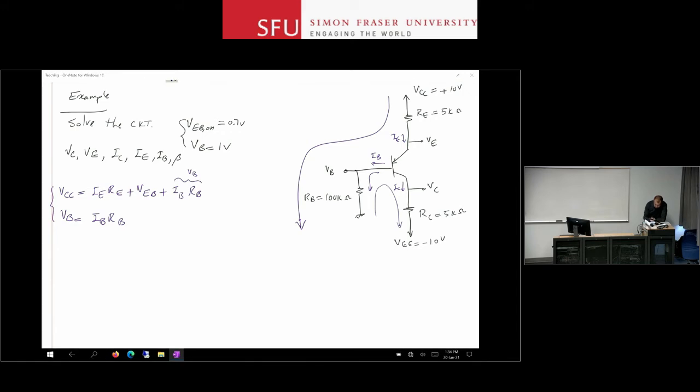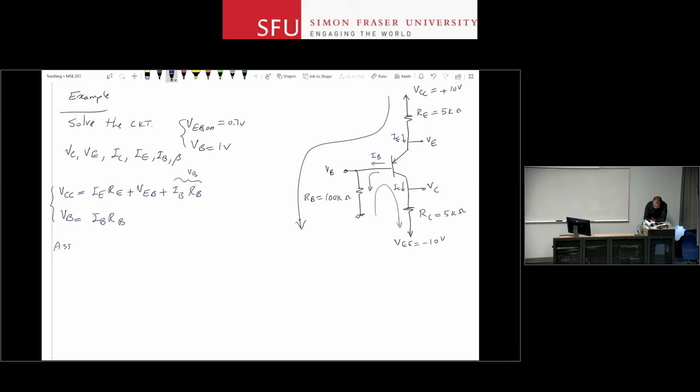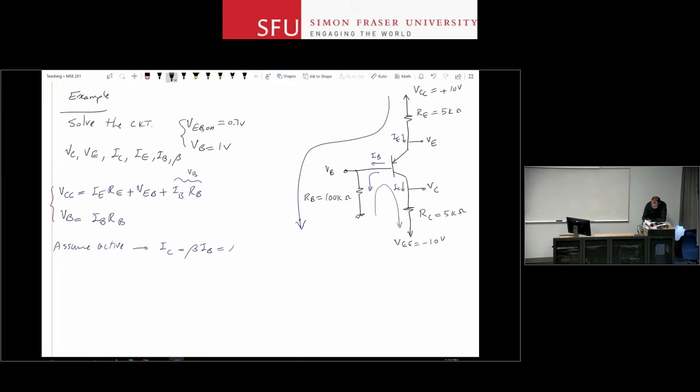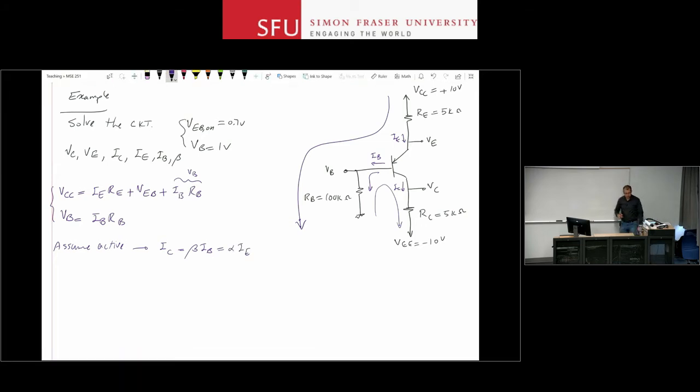I know that if I assume active, I get another equation that says IC is beta IB or alpha IE. And I need that equation as well because I need to figure out what beta is. Okay, so from this second equation down here, that's easy.